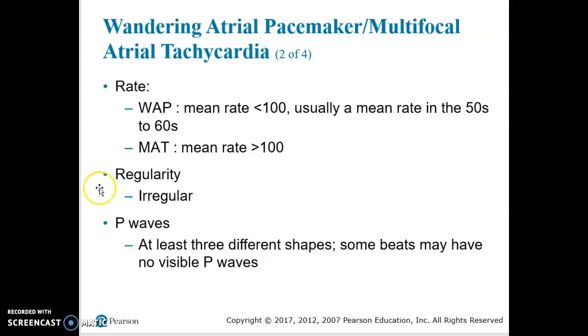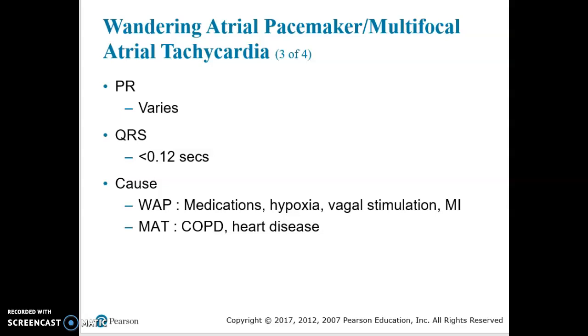We have an irregular rhythm, and we have at minimum three different shapes of P waves. Some beats may have no visible P waves. The PR interval here varies. The QRS is less than 0.12 seconds.